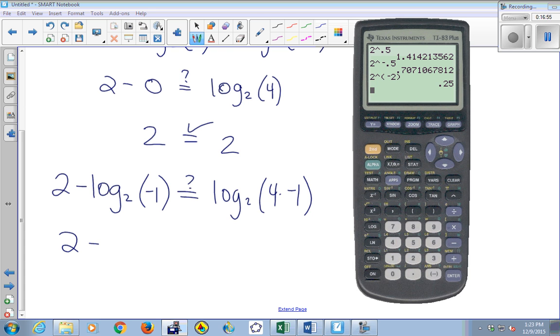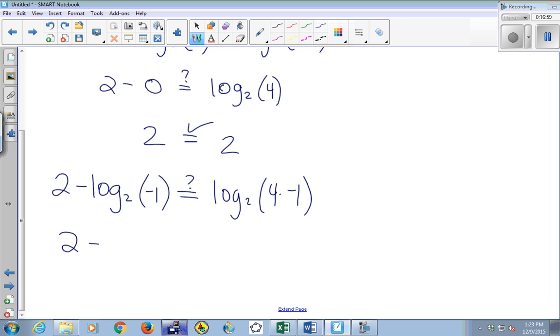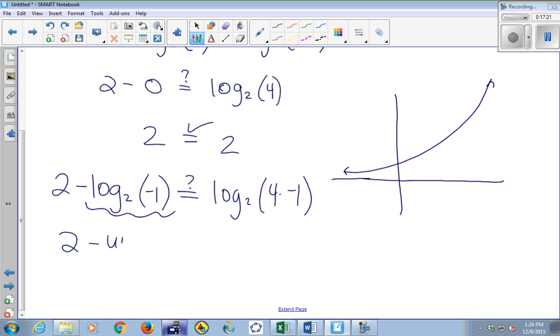Negative 1 is not a solution. You can't take the log of a negative number, because think about what the graph of 2 to the x looks like. We've graphed it many times. Its range is just from 0 to infinity, right? You can't get a negative number as the result of doing 2 to the something. So this expression right here is undefined. You can't even plug it into the original equation.